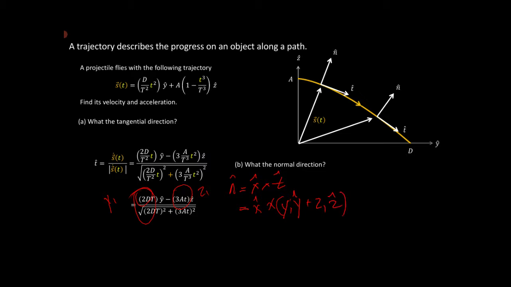So that's going to be equal to, let's see, y1 x hat cross y hat plus z1 x hat cross z hat. Okay. X hat cross y hat is z hat. X hat cross z hat, we've skipped one, so that's minus y hat.